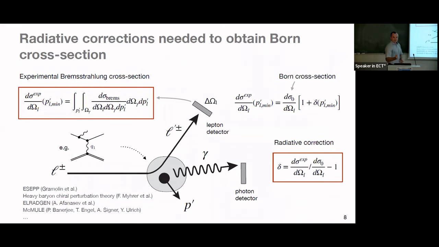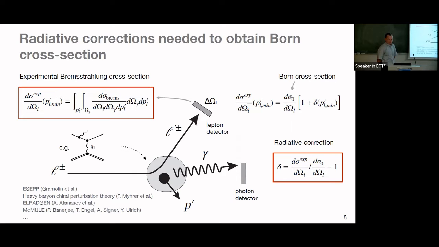For the radiative corrections, this is my concept slide. We do measure in the experiment an integral of elastic and inelastic lepton scattering of the proton. Inelastic now in the sense that there may be photons involved, and we integrate in the experiment over those particle types.